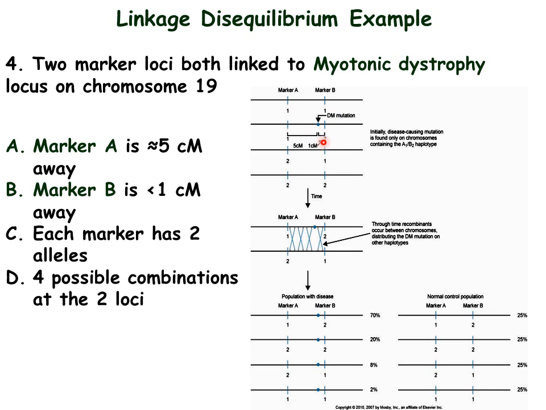Okay, so you can see marker B is closer than marker A. And so through time, recombinants occur, distributing the DM mutation on other haplotypes. And so here's the population with the disease. We've got 1 and 2, 2 and 2, 2 and 1, 1 and 1, and normal controls have 1 and 2, 2 and 2, 2 and 1, 1 and 1. So they have 4 possible combinations for all of them.